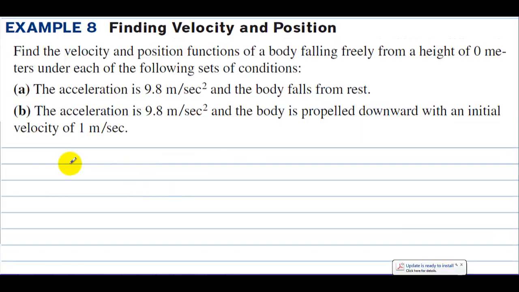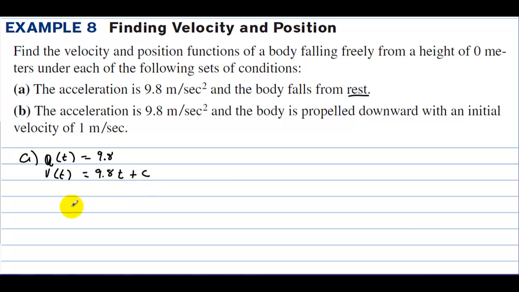Example 8. Find the velocity and position functions of a body falling freely from a height of 0 meters under each of the following sets of conditions. Letter A. The acceleration is 9.8 meters per second squared and the body falls from rest. We have the acceleration is equal to 9.8, so the velocity is going to be 9.8 t plus some constant.